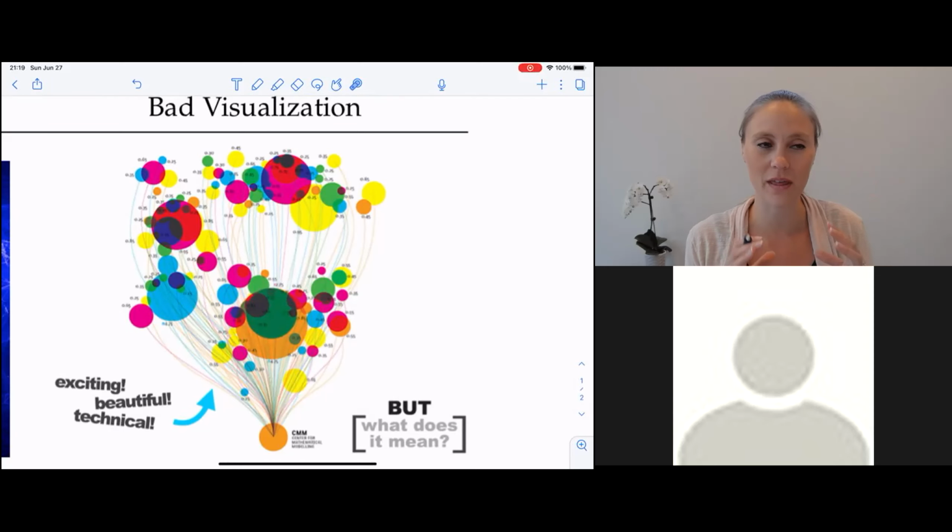I'm sure they managed to pack a ton of information in here, no doubt they were able to cram everything in. But it's not self-explanatory. So for me, that would make a bad visualization, even though it's so visually appealing. It's a bad data visualization.